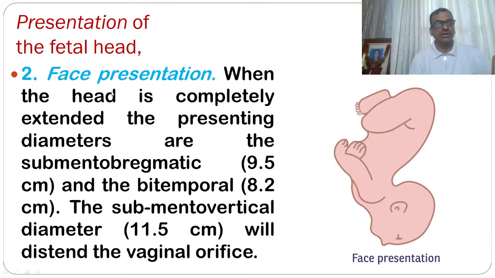And what is face presentation? When the head is completely extended, then the presenting diameters will be submentobregmatic and bitemporal. The submentobregmatic diameter will distend the vaginal orifice and help in the delivery process.